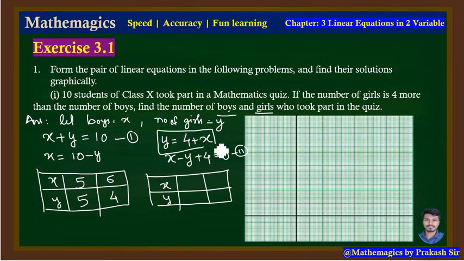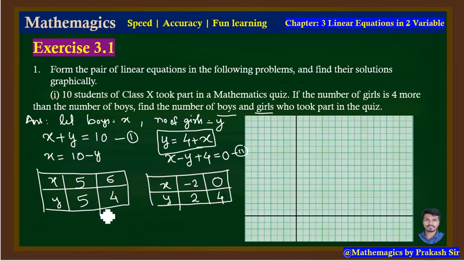This is already in the perfect form. So let us consider x equal to minus 2. x equal to minus 2 means 4 minus 2 becomes 2. So y becomes 2. Here x equal to 0 I am taking. So what is the value of y? y is equal to 4.